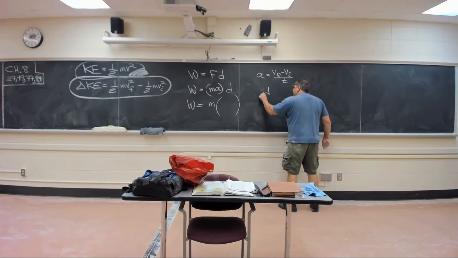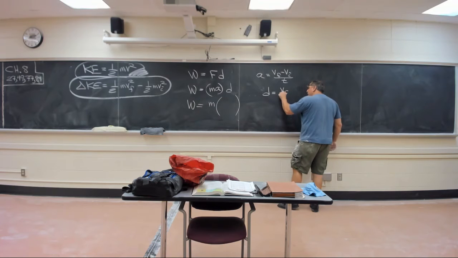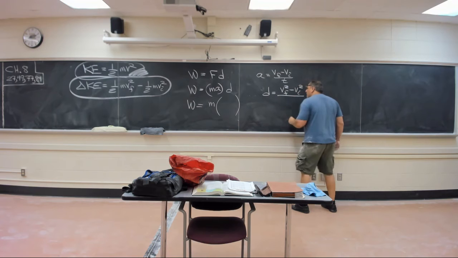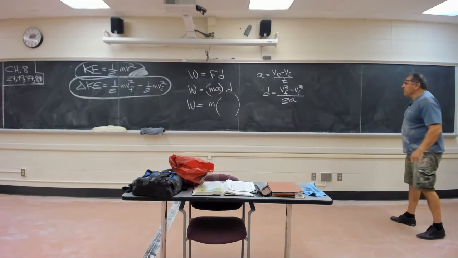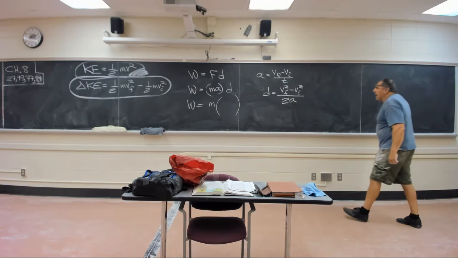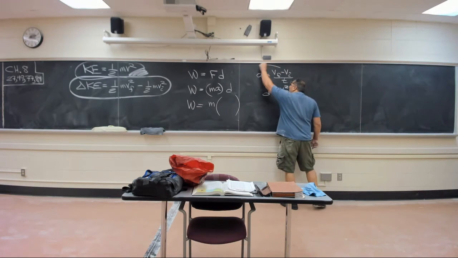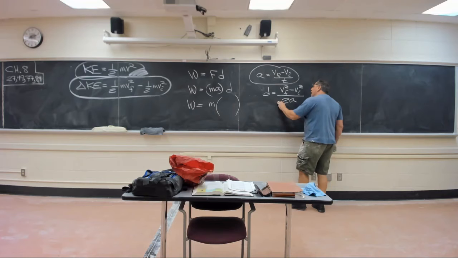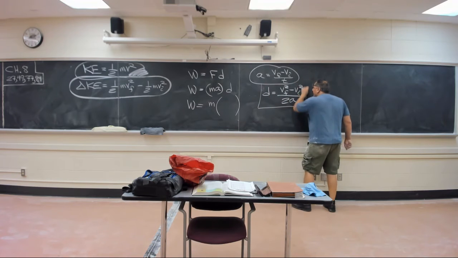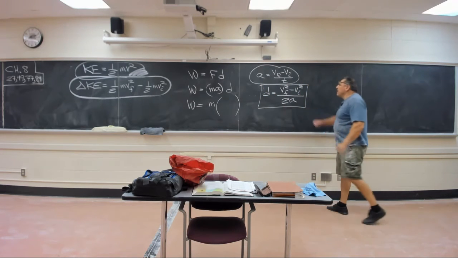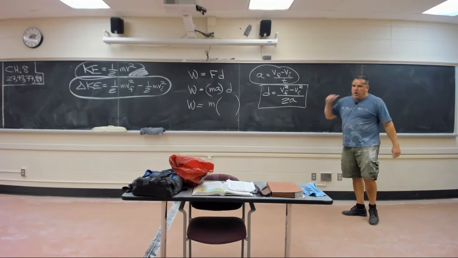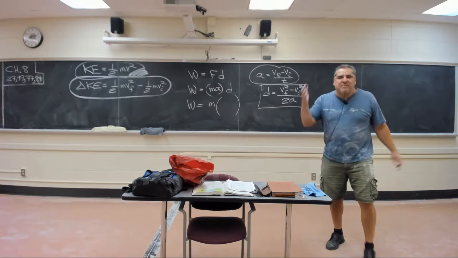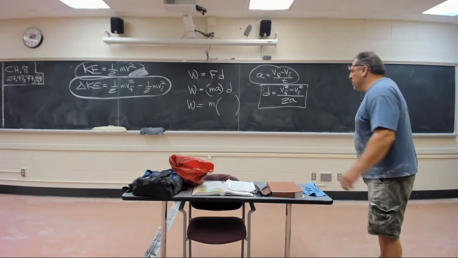We also said that D is equal to VF squared minus VI squared over 2A. Yeah, we've said that. We've done this. We've done that. You just saw me talk about this in the kinematics, repeating some of the kinematic equations and the arguments associated with them earlier, in the last 5 or 10 minutes. You saw me do it.